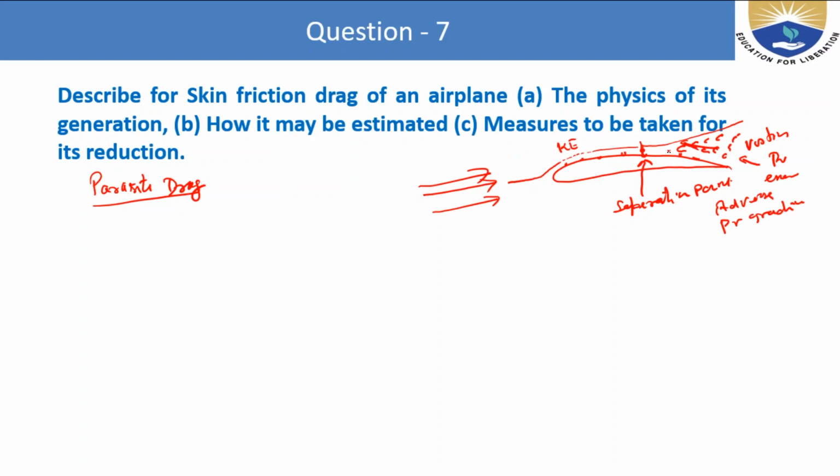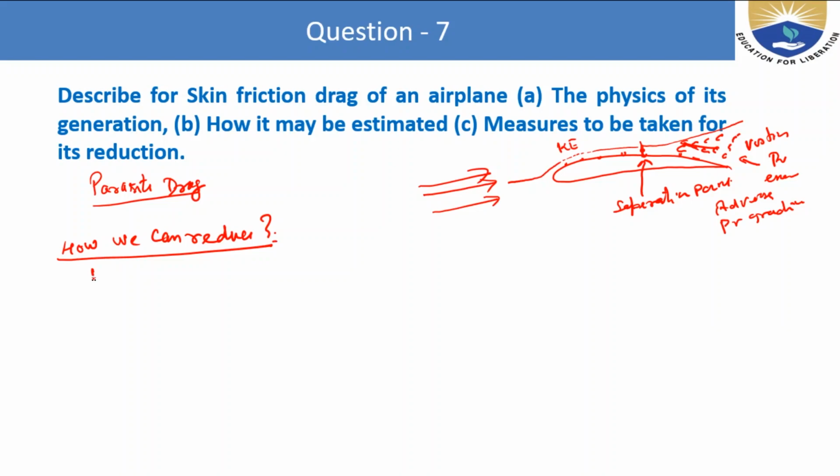And how can it be estimated? This can be estimated by its coefficient of friction. If we use it, we can estimate. Now, measures to be taken for its reduction. How can we reduce this?